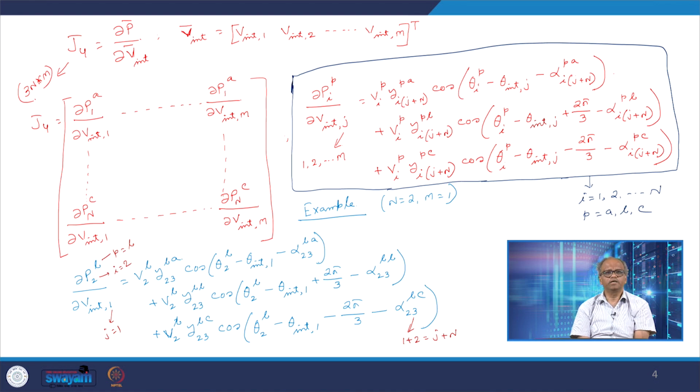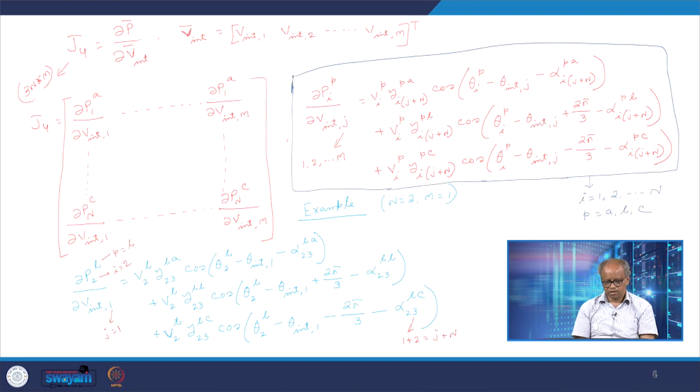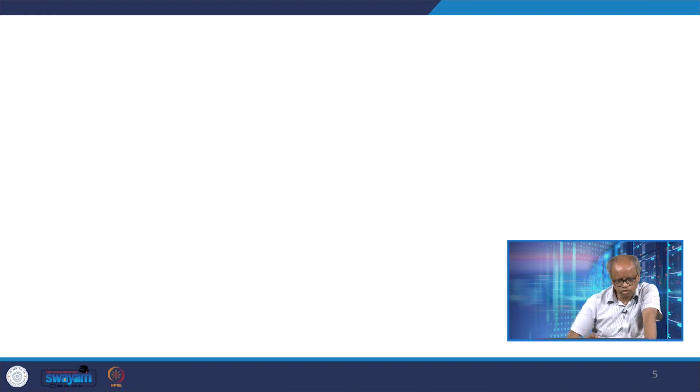Now let us look at the remaining matrices J5, J6, J7, J8. The next row of this J matrix is J5, J6, J7, J8.